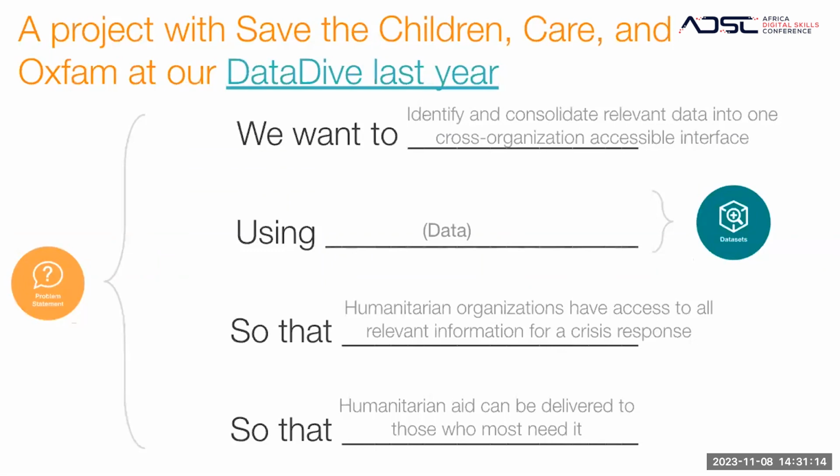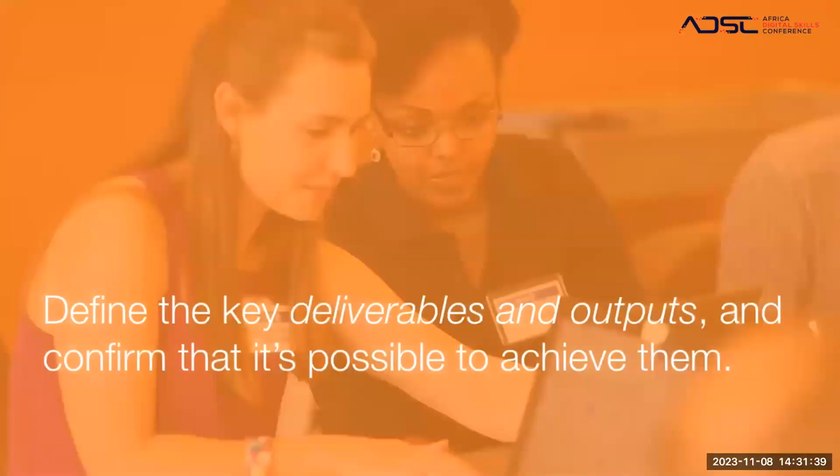We're focusing on work with Save the Children right now, but we've also worked with CARE and Oxfam to identify and consolidate relevant data into one cross-organization accessible interface so that humanitarian organizations have access to relevant information for a crisis response so that humanitarian aid gets to those who need it the most.